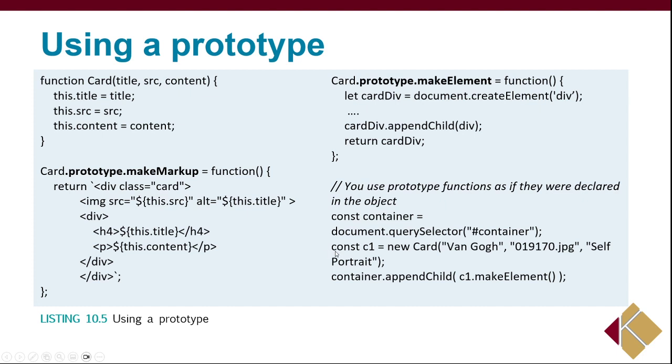And then a constant called C1 that is a new card. So it uses that prototype with the attributes of Van Gogh. This is their source. And then this is the content. And then appends it. So you would create as many of these, you know, would have like a C2 with a different one, C3, and then just append those.